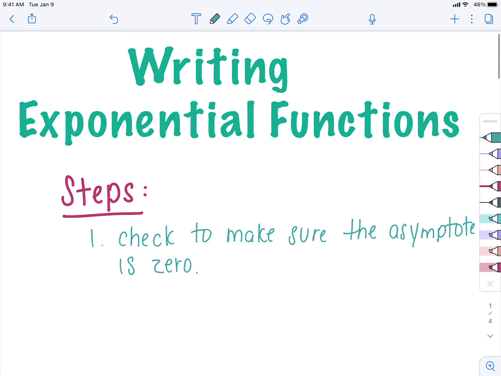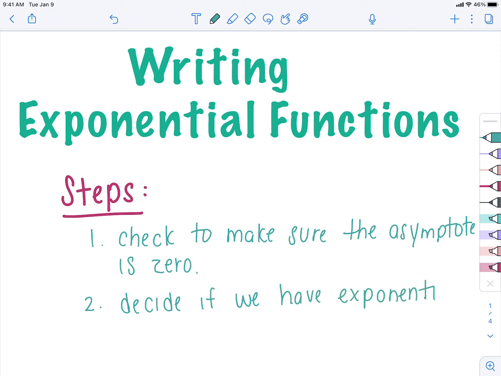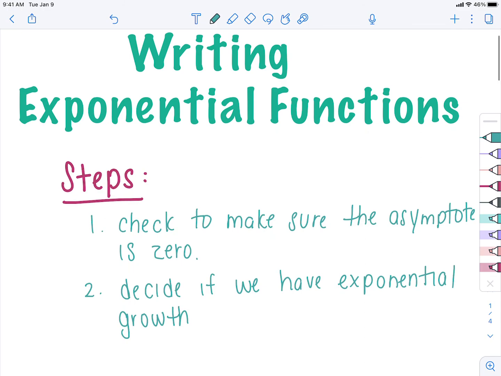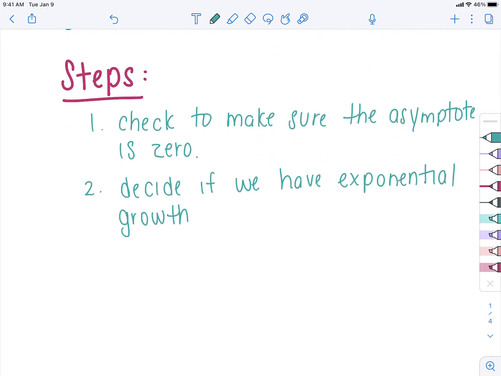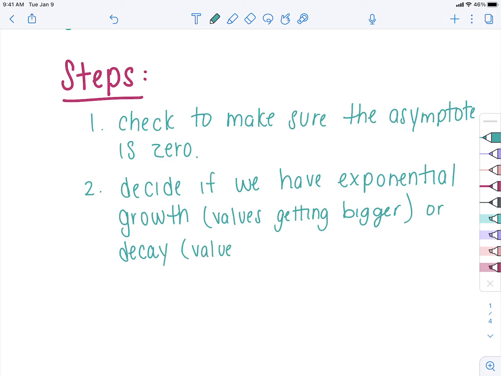So just to give ourselves kind of an idea before we start, we want to decide if we have exponential growth, which means the values are getting bigger, or decay, where the values are getting smaller.